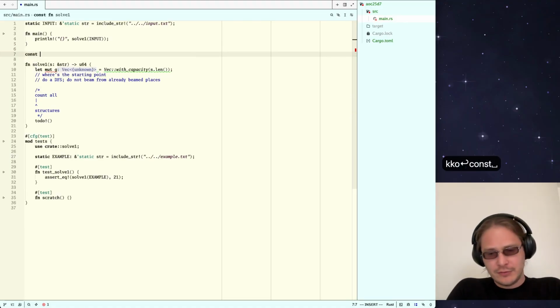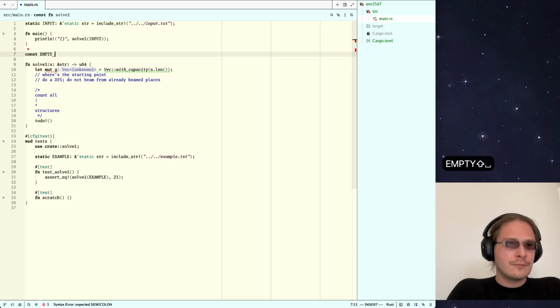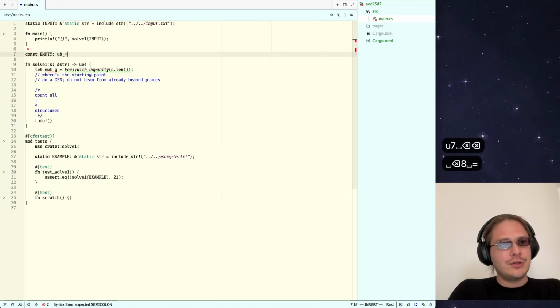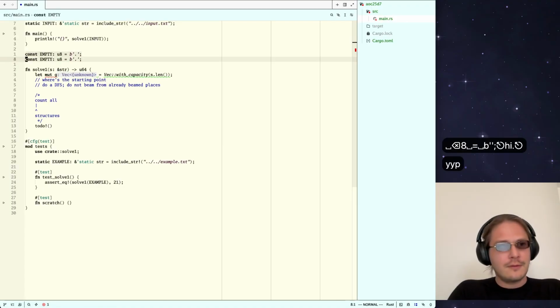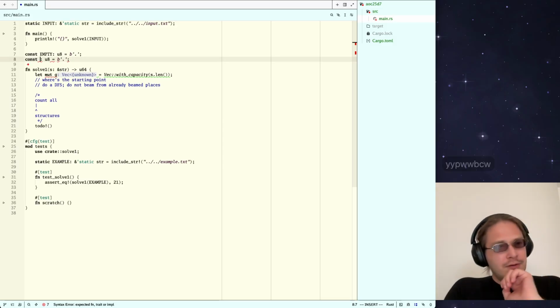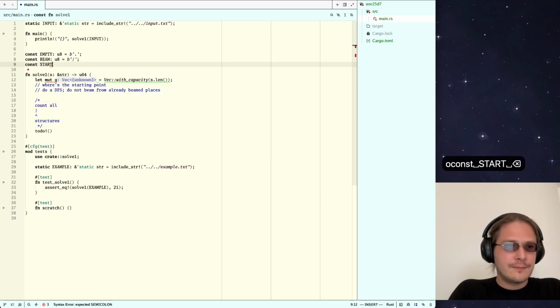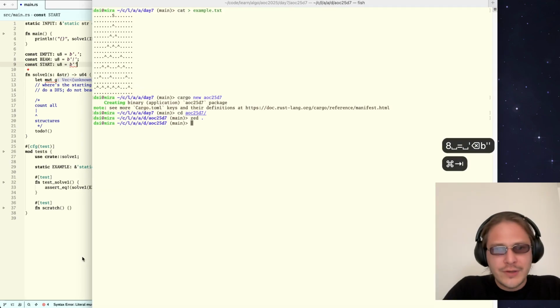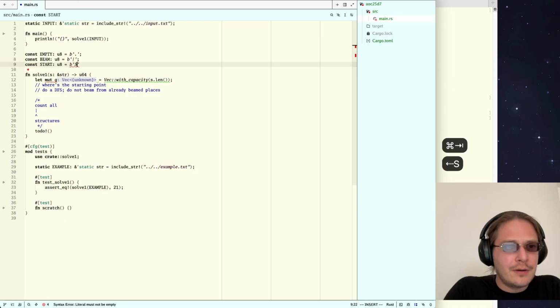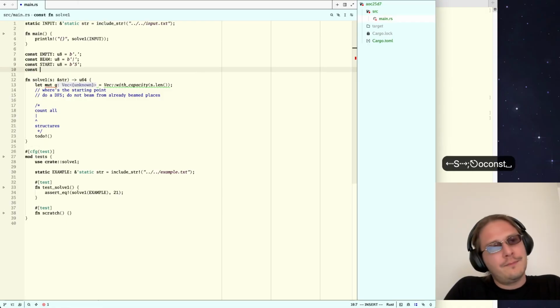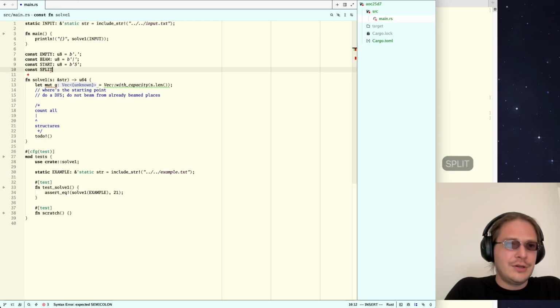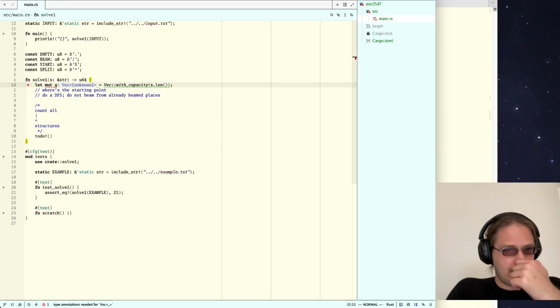Let's do some constants. So, first one, empty is not a character, but actually a u8, which looks like this. Next thing, beam looks like this. Start. Why do I write this down? It is S, yes, it's uppercase. Const split.